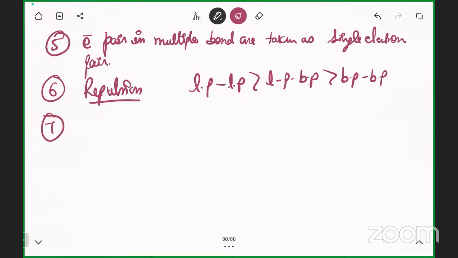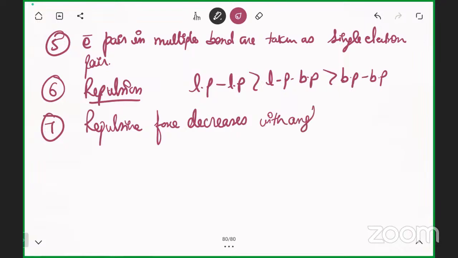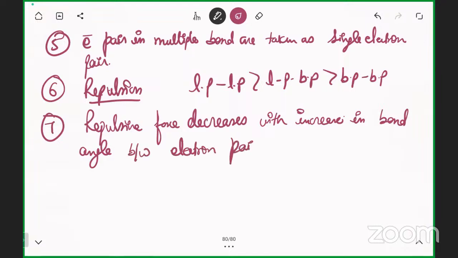Next and last point is that repulsive force decreases with increase in bond angle between electron pairs.